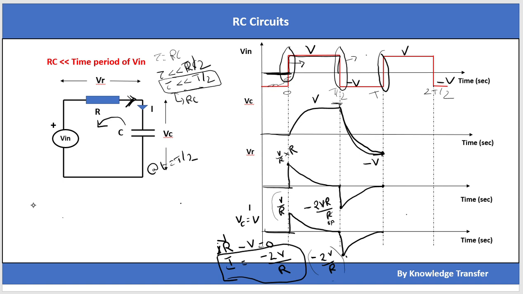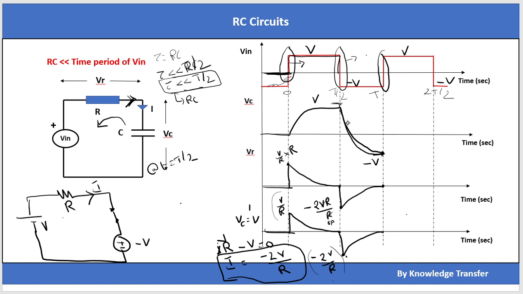If I redraw the circuit at t is equal to t, the positive voltage is being applied here again, and there is a resistor and there is a capacitor which is getting short circuited because of the high frequency signal. And here, this is minus V volt, this is R, and this is V in, and still I assume a current is flowing like this.